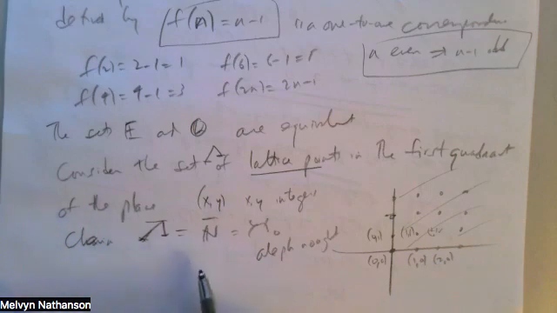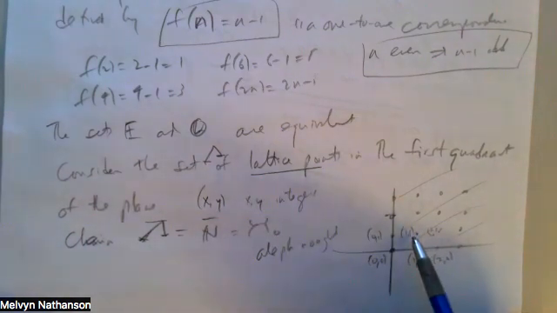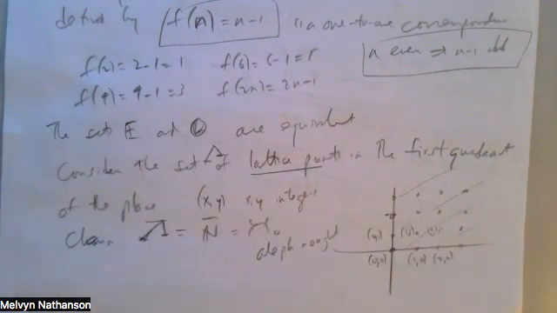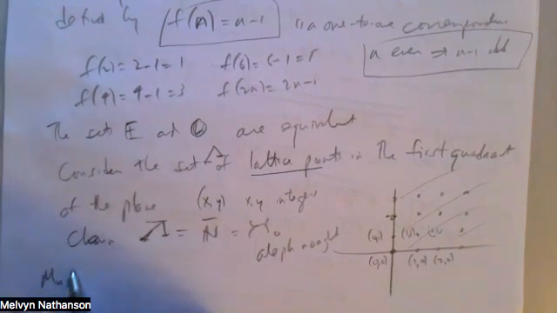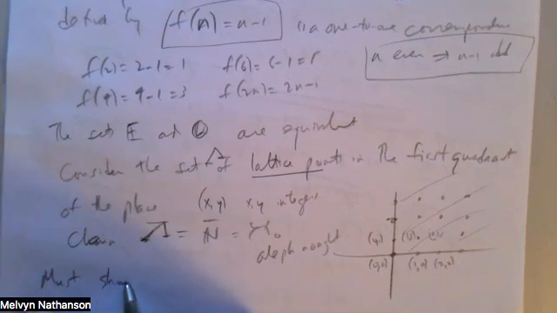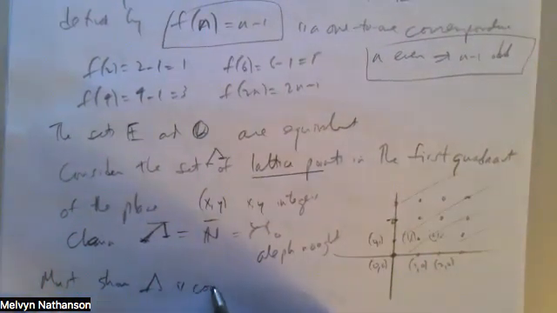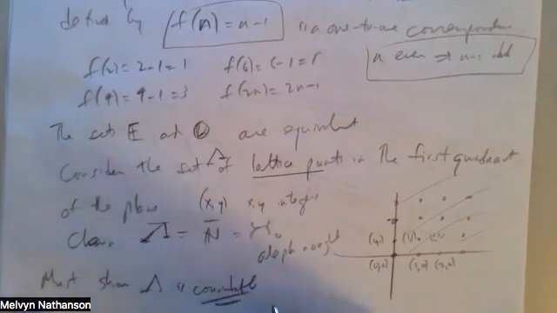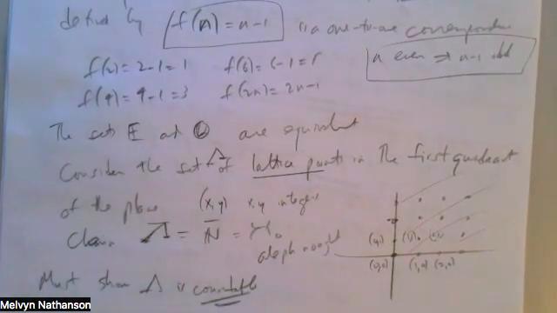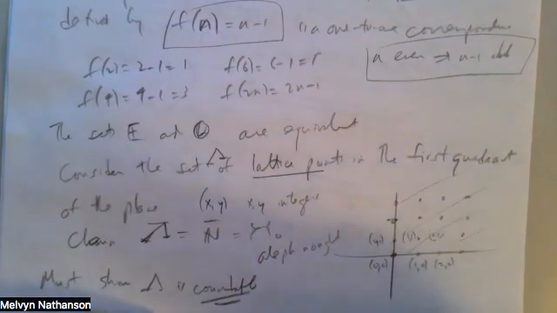So in order to prove these two sets are equivalent, we have to show there's a one-to-one correspondence between the set of lattice points in this first quadrant and the set of the positive integers. Or another way of saying that is we must show lambda is countable. That is, there's a way to count off these points that puts them in one-to-one correspondence with the integers.